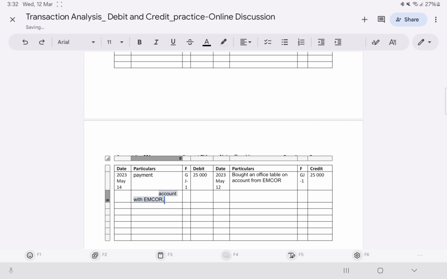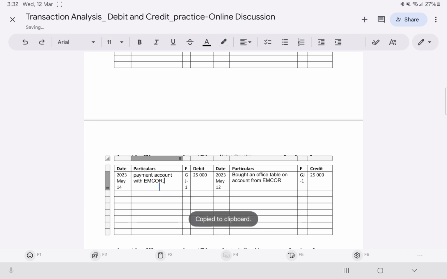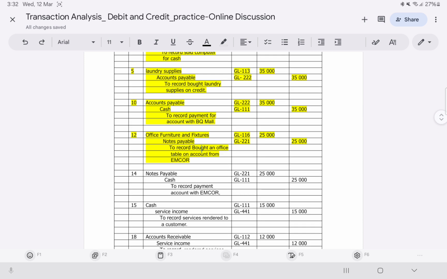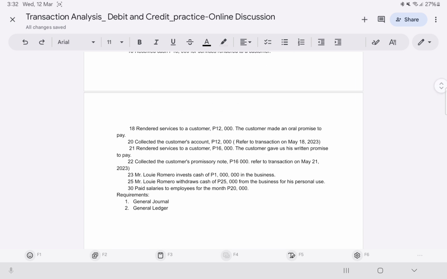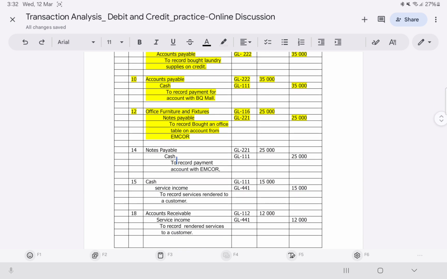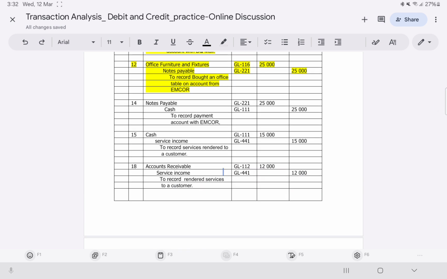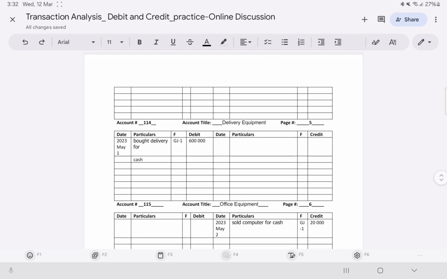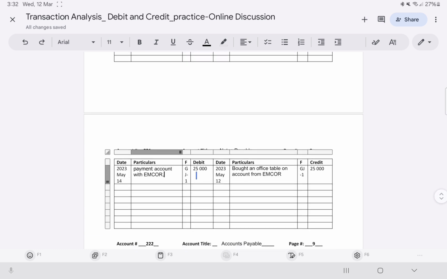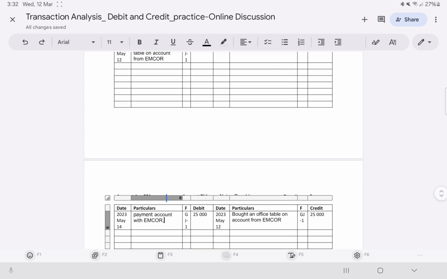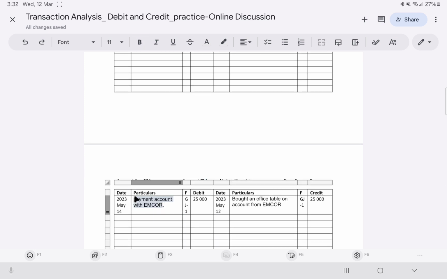Okay, payment account with MCore. So that's our debit, and our credit is cash 25,000.